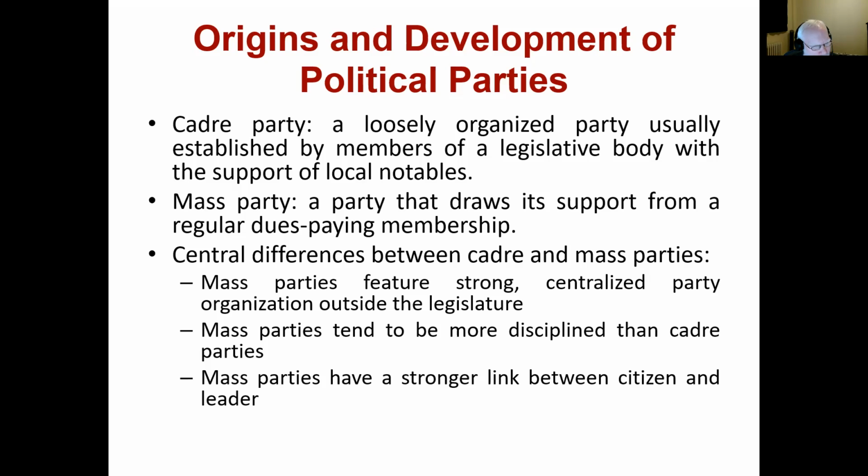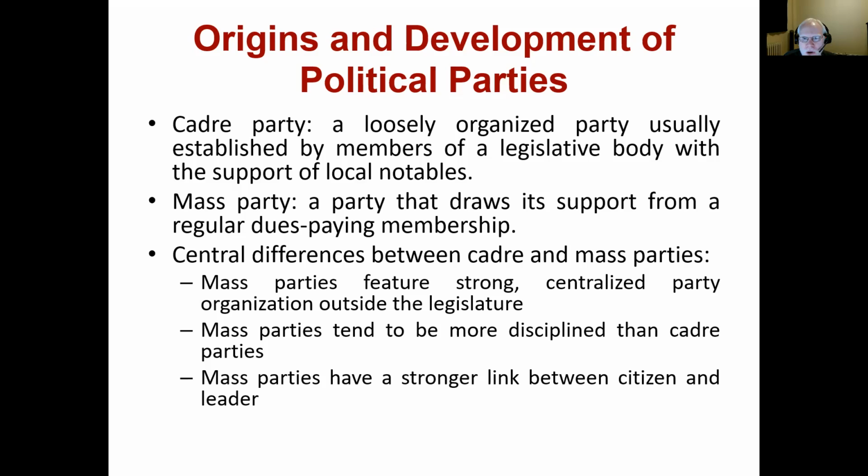So mass parties feature strong centralized party organization outside the legislature. Because you aren't just organizing the voting within the legislature, but also this mass movement of campaigning, of finance, of thousands of members outside of the legislature within the regular public, you need a centralized party structure, a party organization, to be able to deal with this.